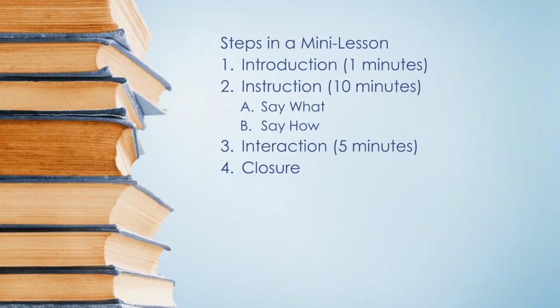During steps 1 and 2, the students simply observe. They listen and observe. It is in the third step, the interaction, that they actually interact with you and you all work together to decipher the context clues.